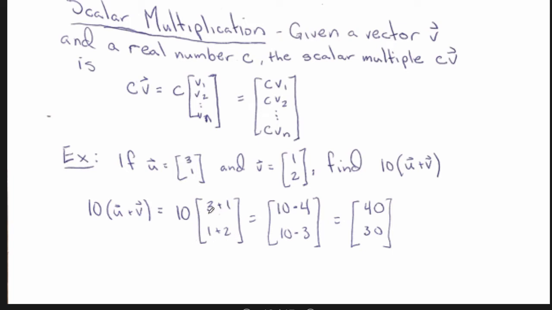So 3 plus 1 is 4, 1 plus 2 is 3. 10 times 4, 10 times 3 is (40, 30). And notice that this would be exactly the same if I did it by distributing: 10 times 3 is 30, 10 times 1 is 10, and 30 plus 10 is also 40.